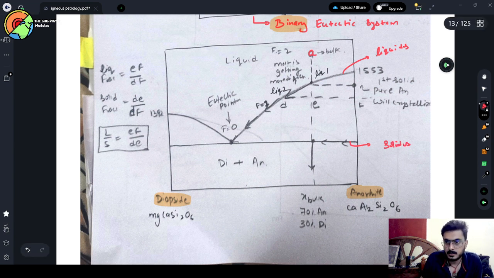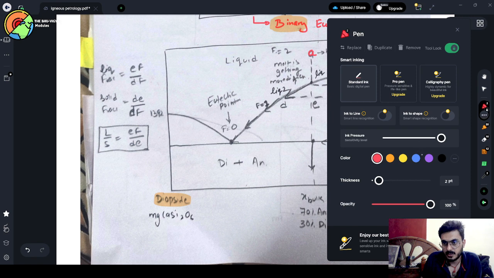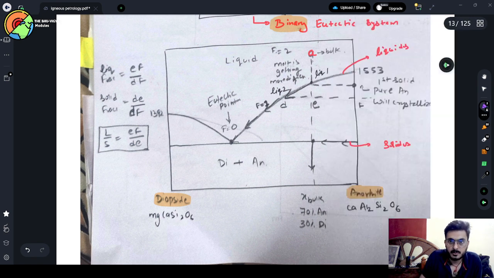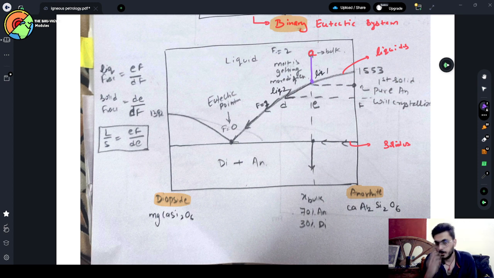So when this bulk composition A starts to crystallize from the melt, it will hit this point, and at this point we will get a composition of pure anorthite, not like in the case of the binary solid solution. Okay, so again the composition will be pure anorthite, and this curve will move in this direction, and then it will hit this point.